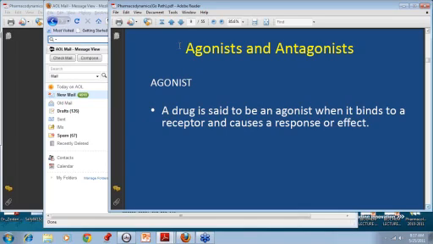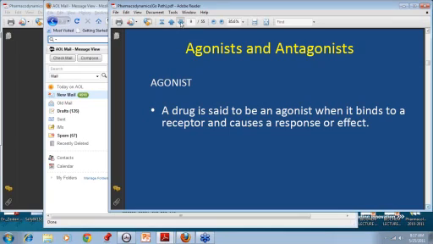Essentially, you are adding to the in vivo biologically important neurotransmitters that exist, or a biologically important compound, so you're potentiating its effect. That's an agonist. That's what an agonist does.